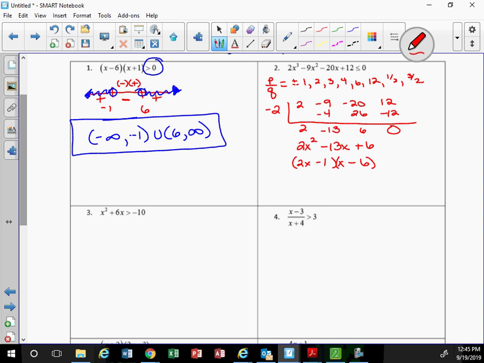What's the other factor of my original? x plus 2, right? And then we have to remember what we're actually doing. It wasn't just solving. It was figuring out the solution to this inequality. So where is it less than or equal to 0? So how many things will I have on my number line this time? 3. What are they?